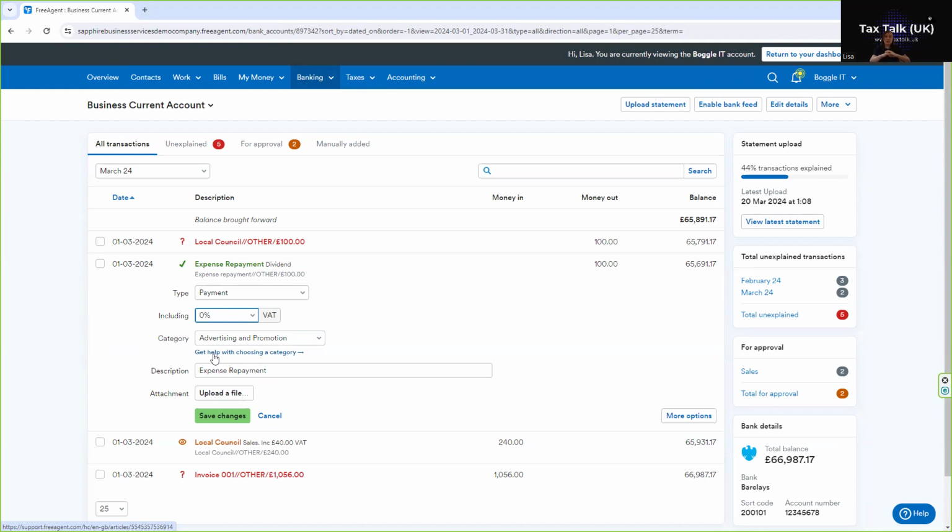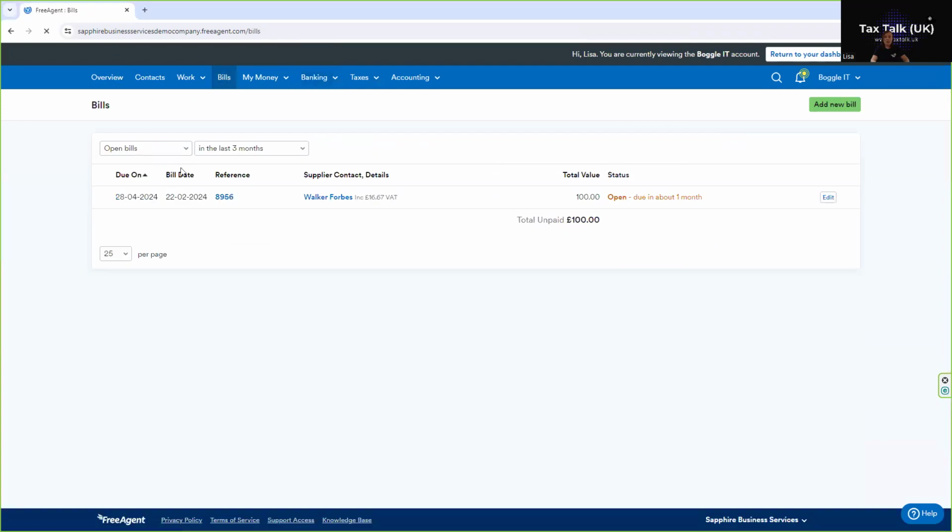So by entering a bill, we are entering it because it perhaps hasn't been paid at that point, or we wanted to specifically keep track of a certain supplier. If I look into the open bills, we can see here we've got an open bill for £100.